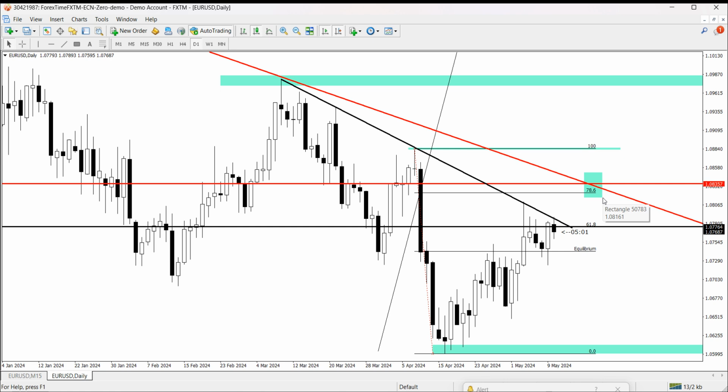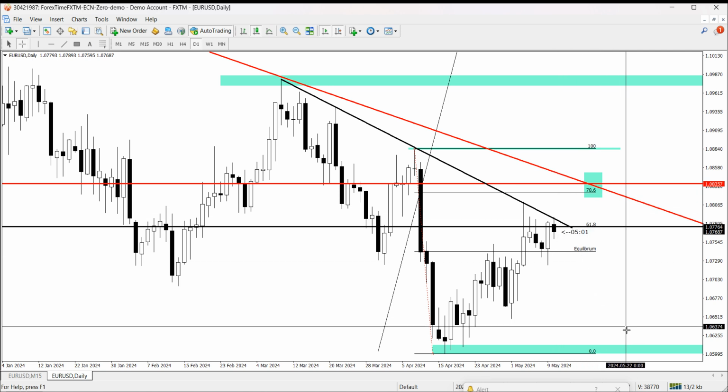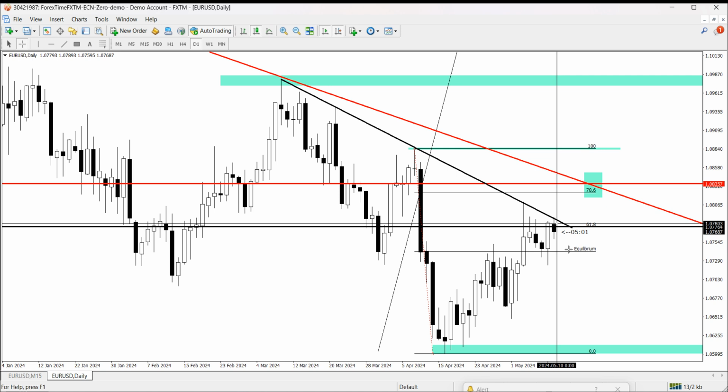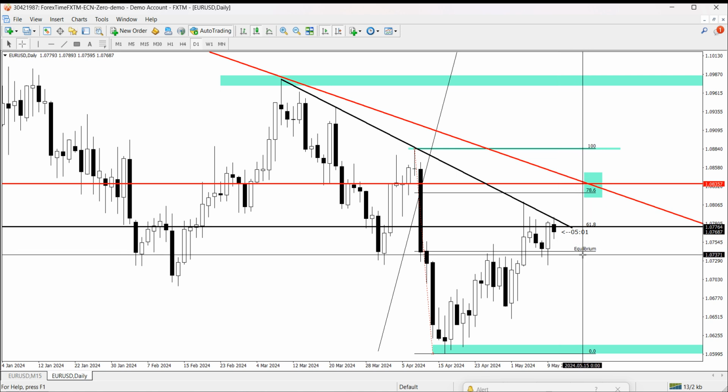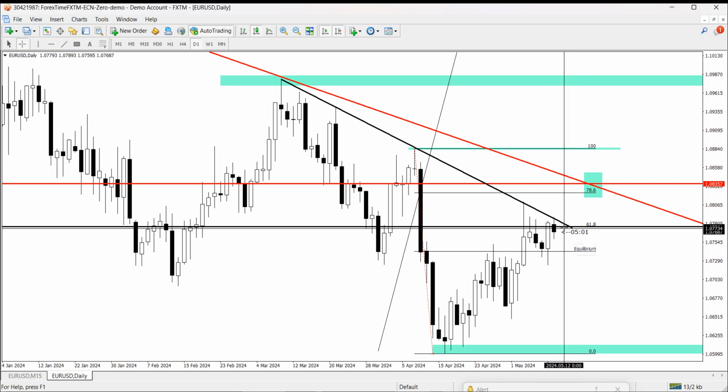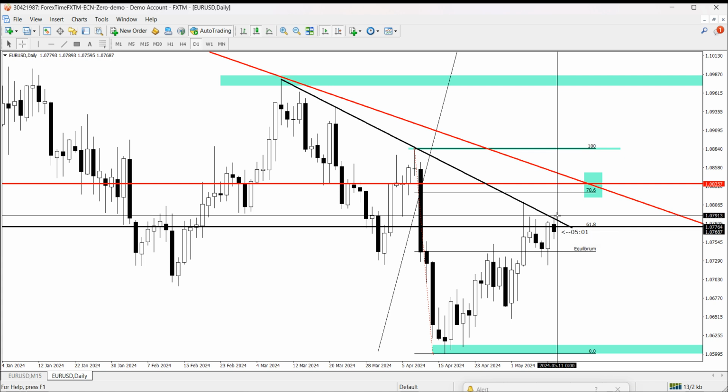So two things: if price does not reject this daily trend line and fall close strongly below equilibrium, then we expect, within the following 2 days going into next week, to know whether we're going to go up.